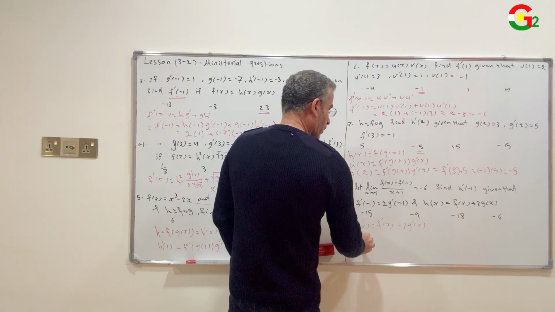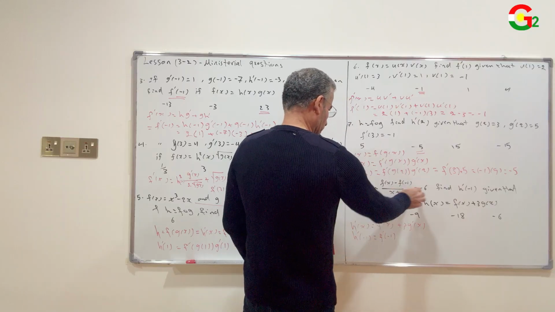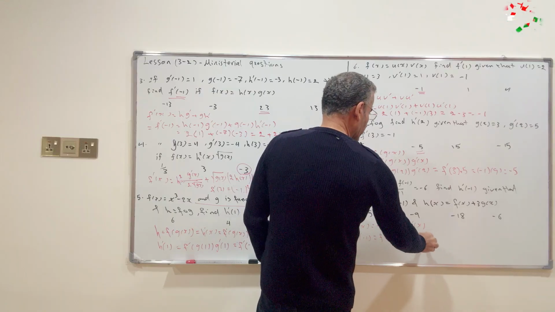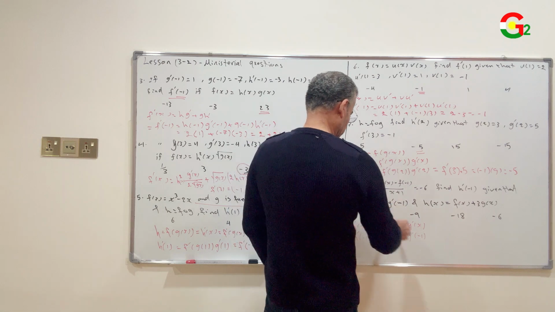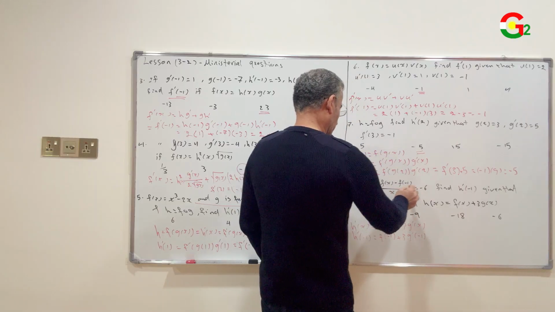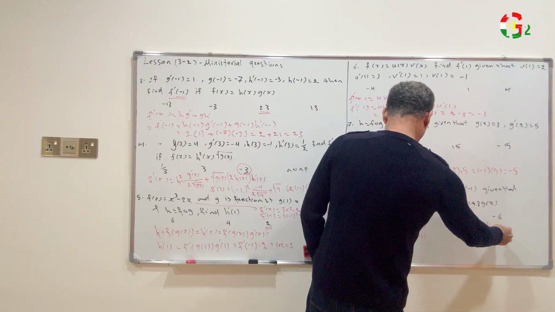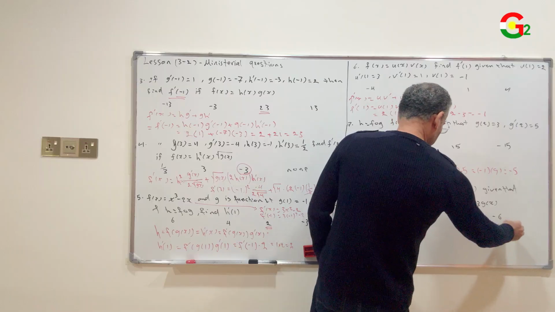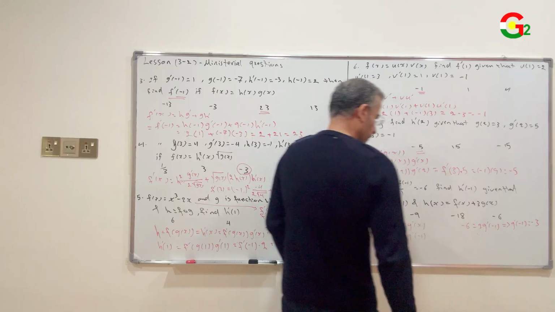h prime of negative 1 equals f prime of negative 1, which is negative 6, plus 3 g prime of negative 1. g prime of negative 1 we can find from this equation. f prime of negative 1, which is negative 6, equals 2 g prime of negative 1, then g prime of negative 1 equals negative 6 over 2, equals negative 3.